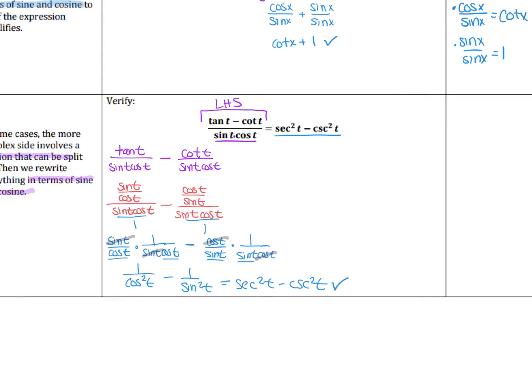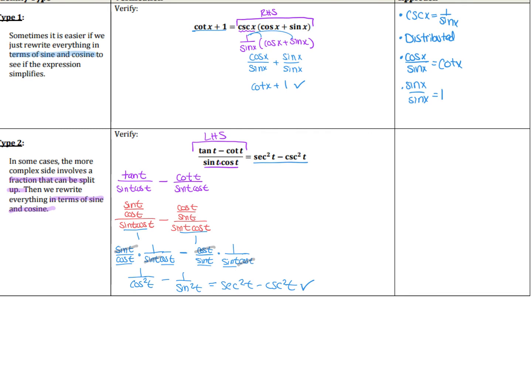So these are just two strategies. Let's go over our approach a little bit. The first thing we did was we split the fraction into two. Then we changed tangent to be sine over cosine, and we changed cotangent to be cosine over sine.